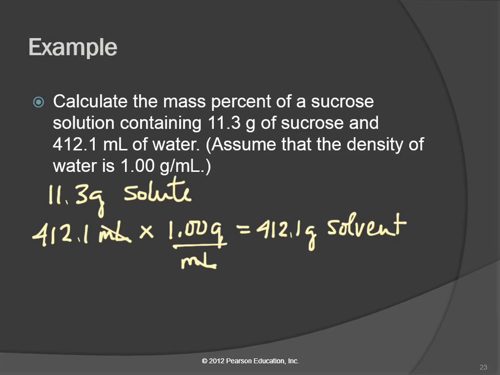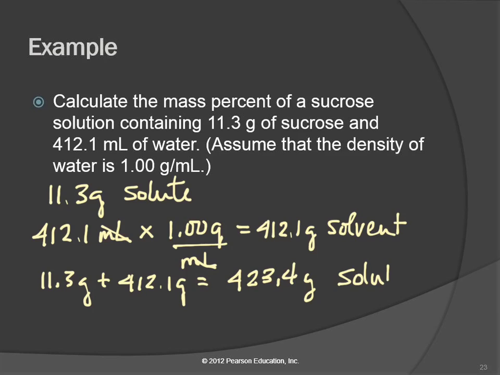What's the mass of the solution? It's the sugar plus the water, the solute plus the solvent. So 11.3 grams plus 412.1 grams. Ooh, do I dare do that in my head? 423.4. That's the mass of the solution. What did I do with my calculator?